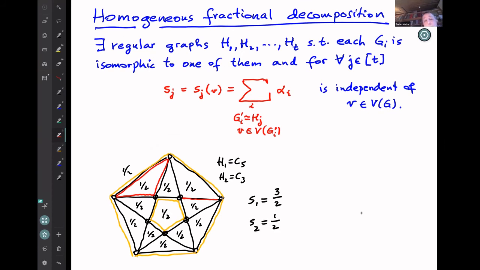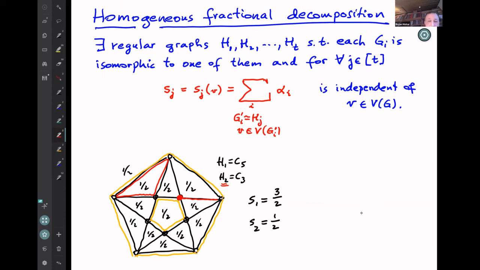And this decomposition has a nice feature, which is that it's kind of homogeneous. And homogeneous means the following: if you look at any vertex, what you will find are 3 subgraphs isomorphic to this H2.